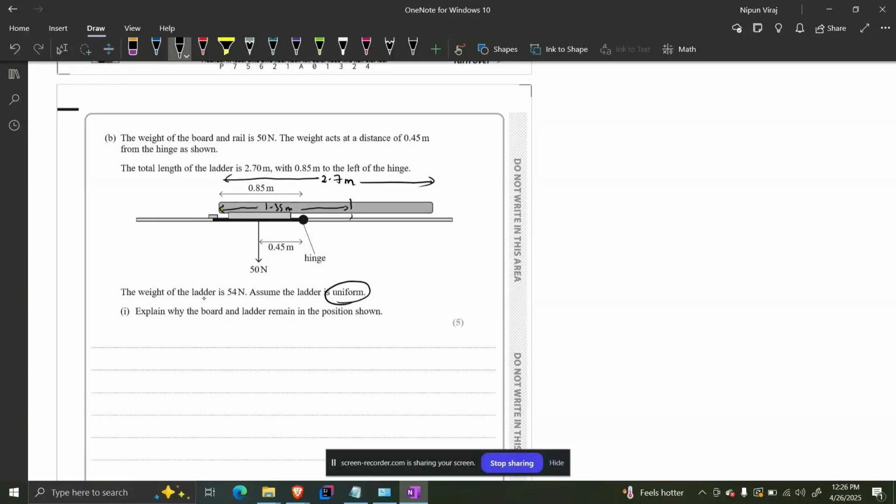So what is the gap between 0.85 and 1.35? 0.5 meters. So here you have 0.5 meters, and this is the point where the 54 Newton acts. That is one thing that you should take seriously.